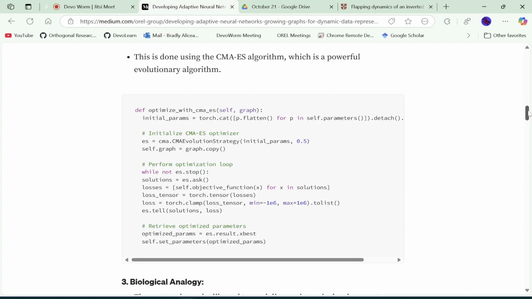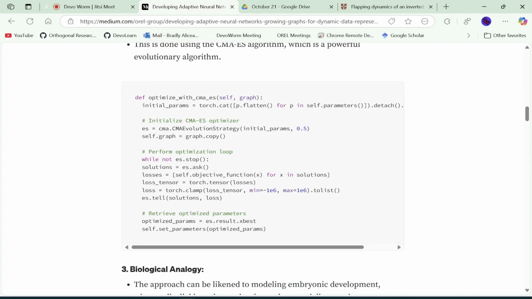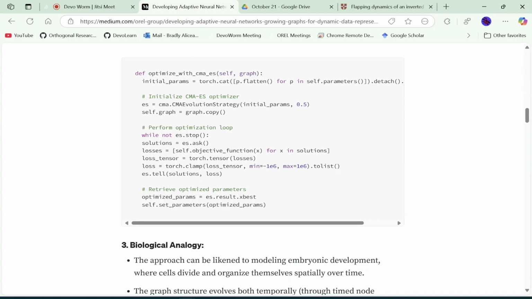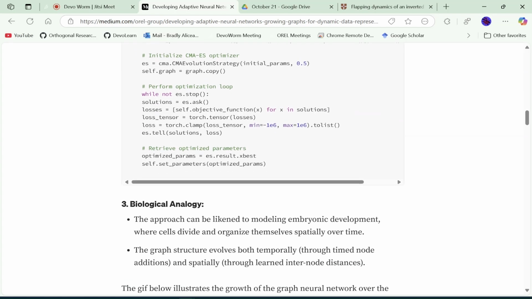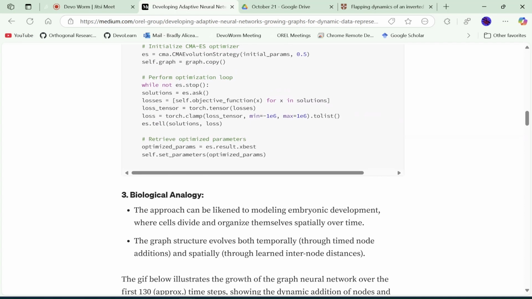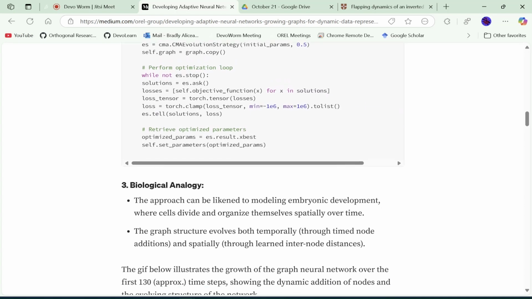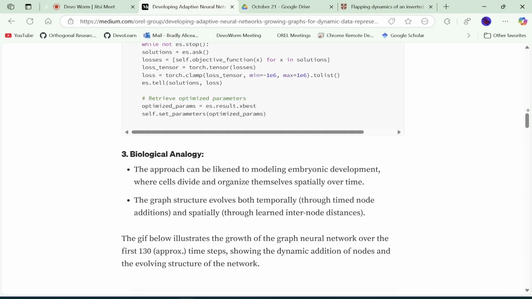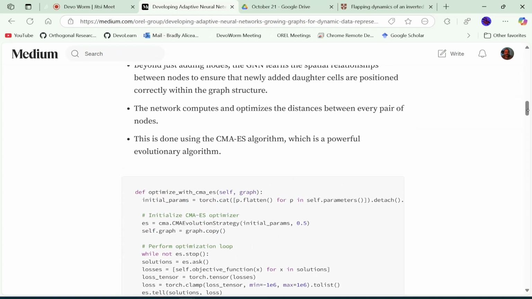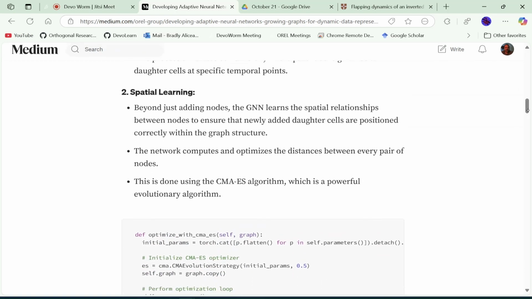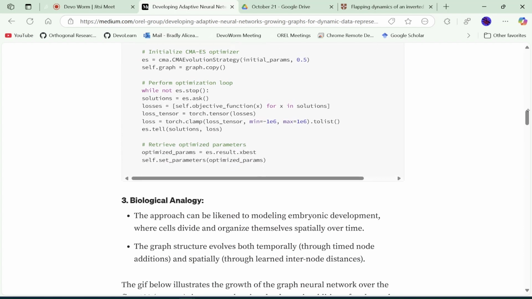So you're basically using an evolution strategy to initialize the optimizer. You're performing this optimization loop, which has a loss function, and it looks for the best answer from that, and then it's retrieving the optimized parameters.